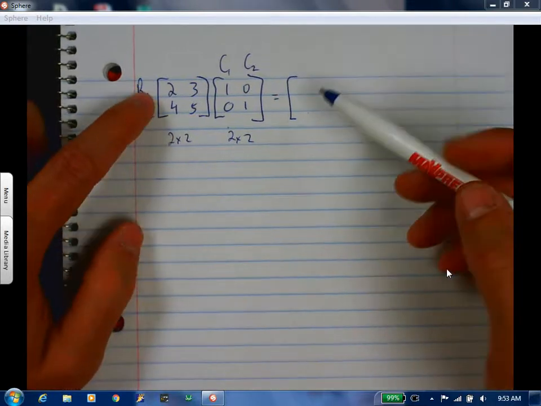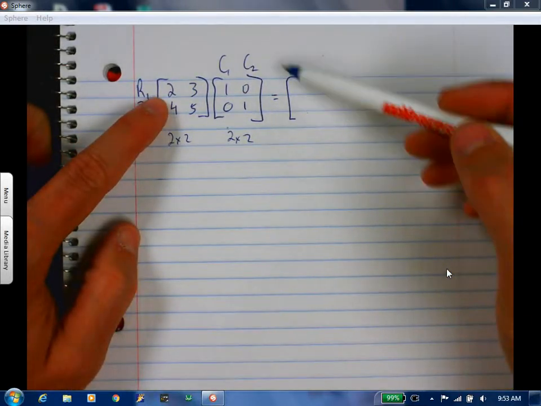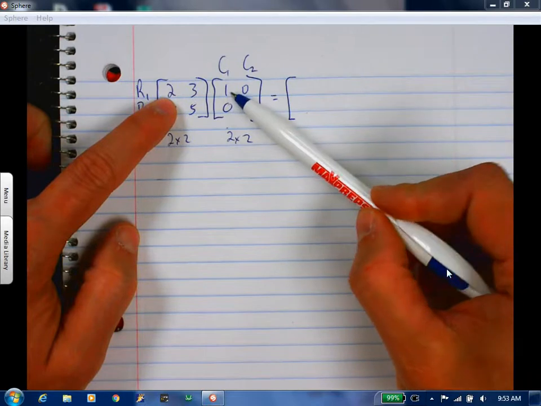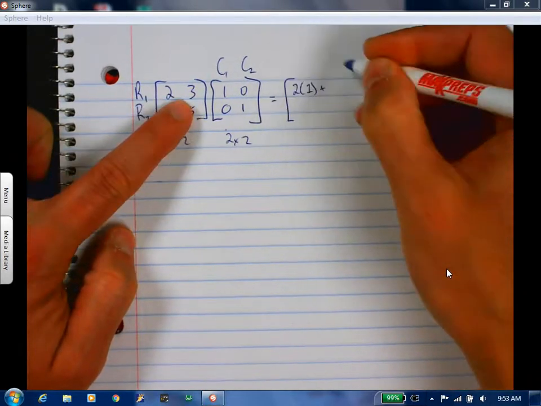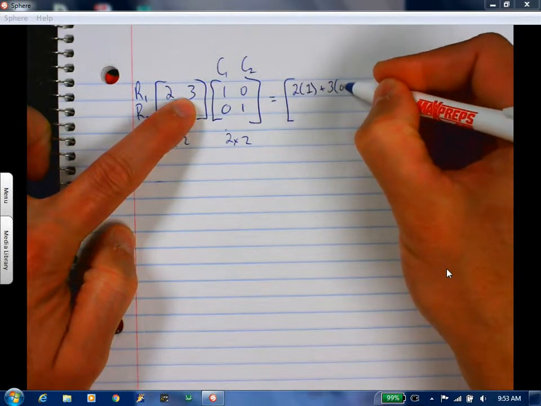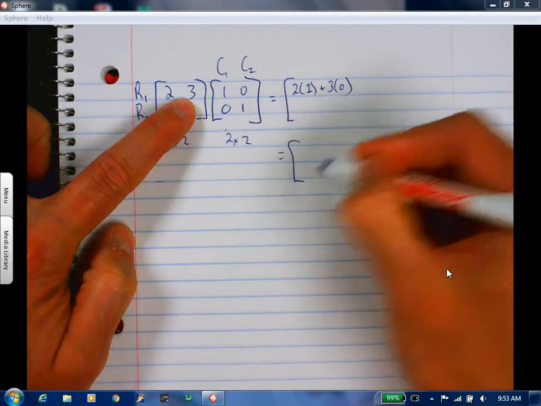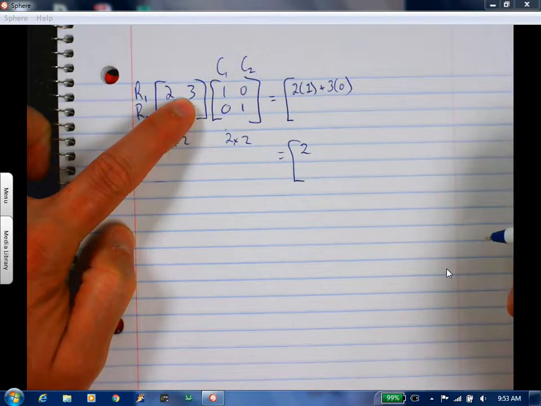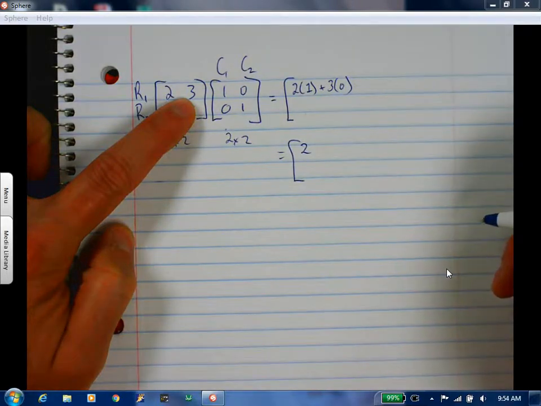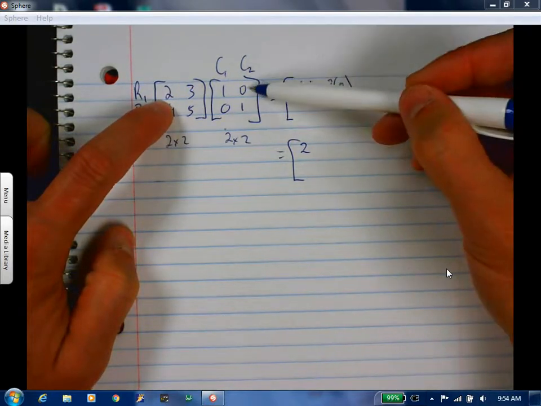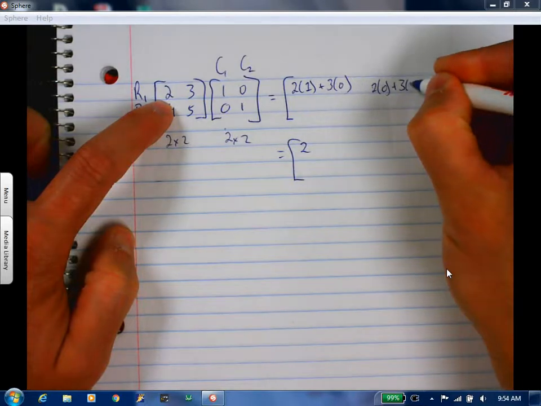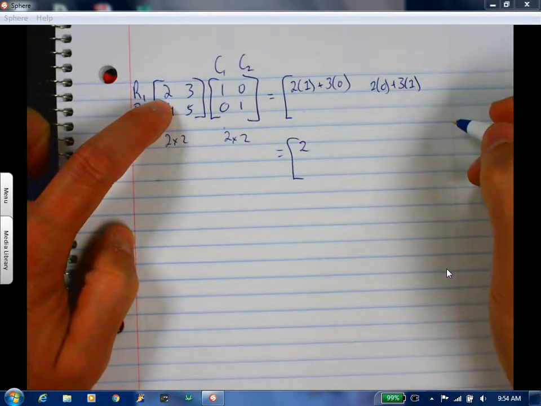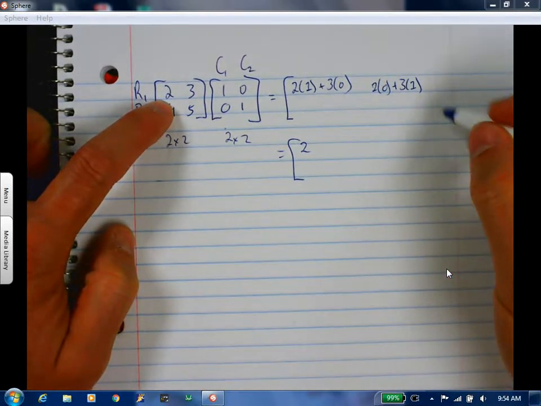So first row, first column, I have 2 times 1 plus 3 times 0. So that's just going to be 2, right? First row, second column. 2 times 0 and 3 times 1.